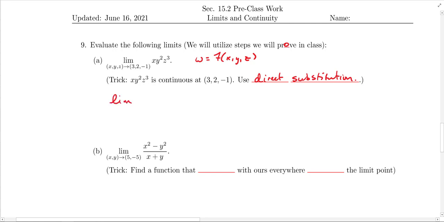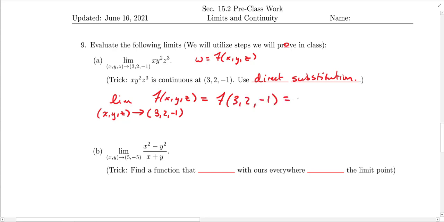So we would say that the limit, and do practice writing this out, folks, so it doesn't feel intimidating, as the ordered triplet from the domain approaches the ordered triplet 3, 2, -1 for our function, that's just equal to f of 3, 2, -1, which is equal to 3 times 2 quantity squared times -1 cubed, which would be -12.